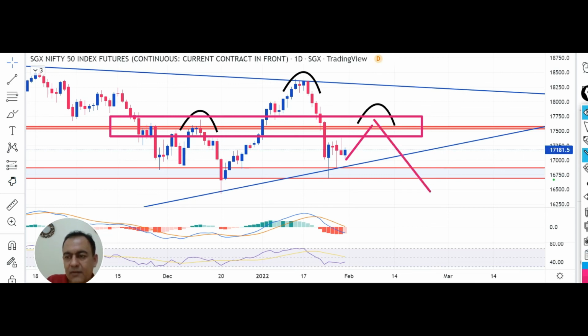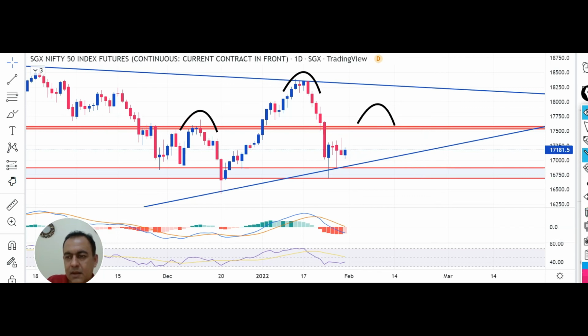Or alternatively, it may form a good support here, which is already done, and pushes higher with the full momentum, retest of 17,500 as support, and continuation higher. So this is again a very good setup from the bearish point of view.